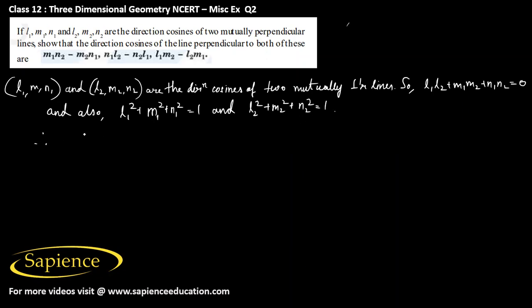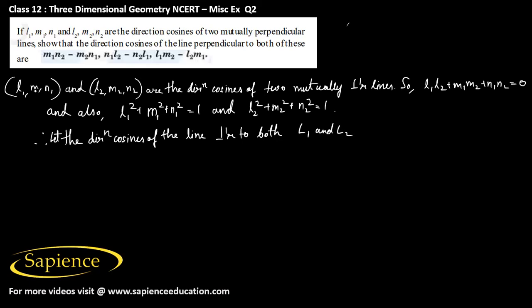Now therefore, let the direction cosines of the line that is perpendicular to both these lines be found.